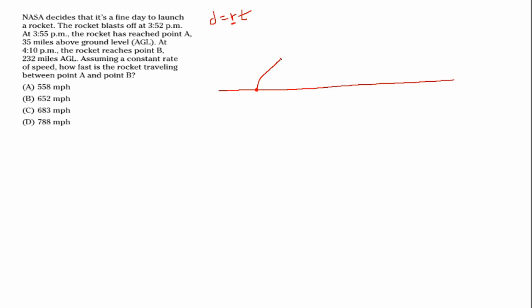We're told that by the time it reaches point A, it's traveled 35 miles, and it blasted off at 3:52 p.m. It reached point A at 3:55 p.m. Then it continued traveling to point B. It reached point B by 4:10, and at that point it had traveled 232 miles.